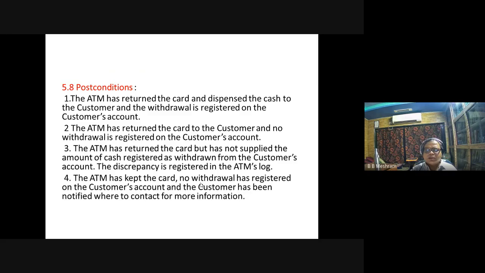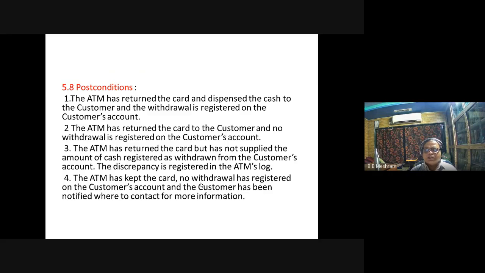Third post condition is the ATM has returned the card but has not supplied the amount of cash registered as withdrawn from the customer's account. The discrepancy is registered in the ATM's log. The ATM has kept the card, no withdrawal has registered on the customer's account, and the customer has been notified where to contact for more information.